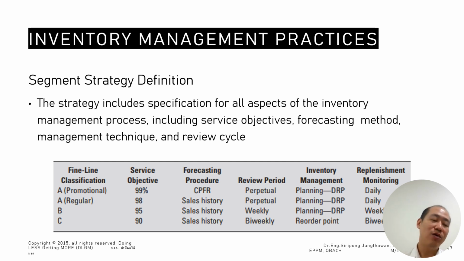And if you use the policy for B, it should be 95% for service objective, and you use sales history and review it every week, it's better. So you do not spend time on B and C, you focus on A. It helps you design for impact to your organization because 80% of sales come from A.